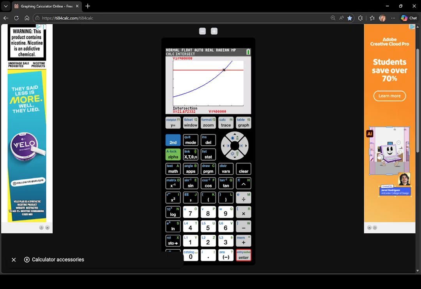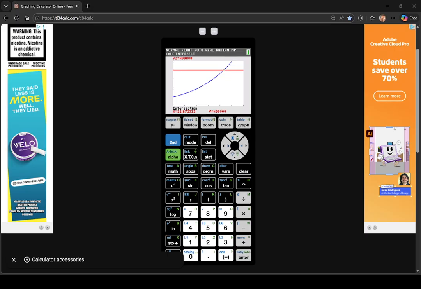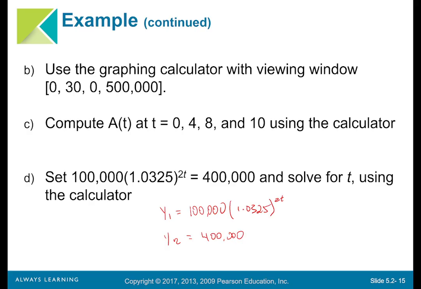So after 21 years, or excuse me, this account will be at 400,000. So t equals 21.67 years. No extra algebra, no extra math. We just had to plot the two things where we want to see where they're equal, solve for their intersection.